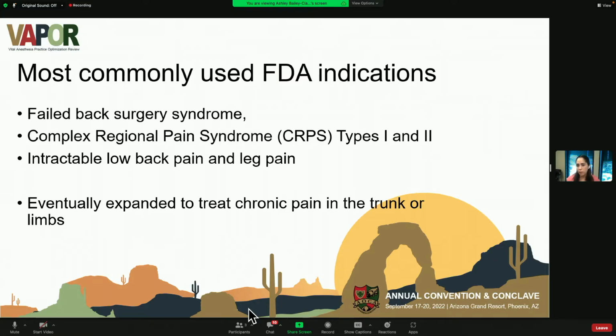That's how we've gotten some of our stimulators placed in the cervical spine. DRG in the U.S., that dorsal root ganglion stimulation, however, is only on label for use in the lower extremities, or the lumbar spine, thoracic and lumbar spine. This is all we've had. We've been able to treat pain quite effectively, but we've only been able to use it for these common pain scenarios. And as we know, there are a lot more than just this.